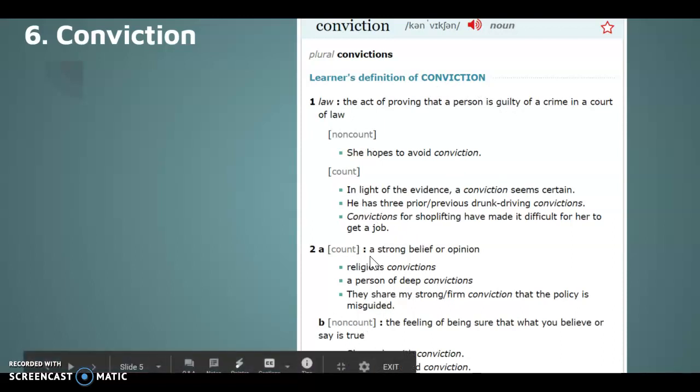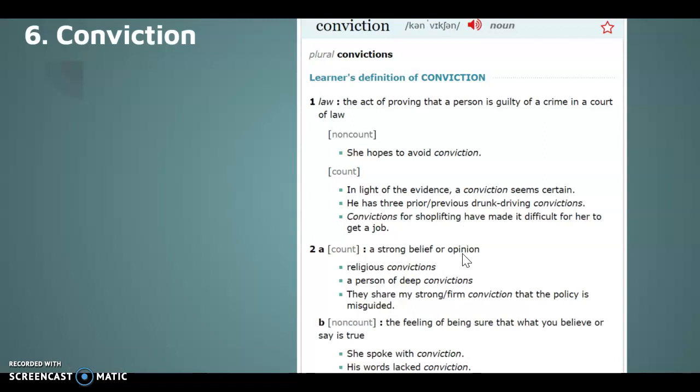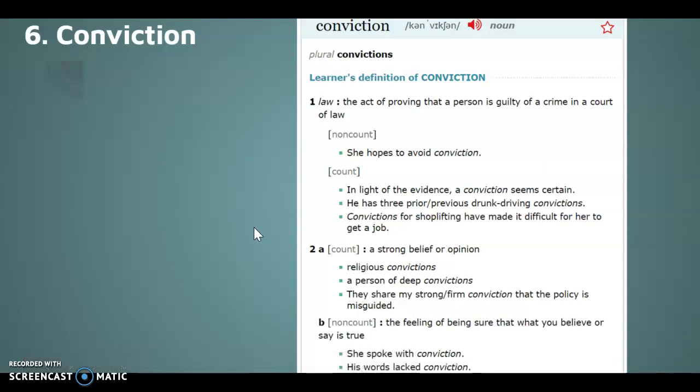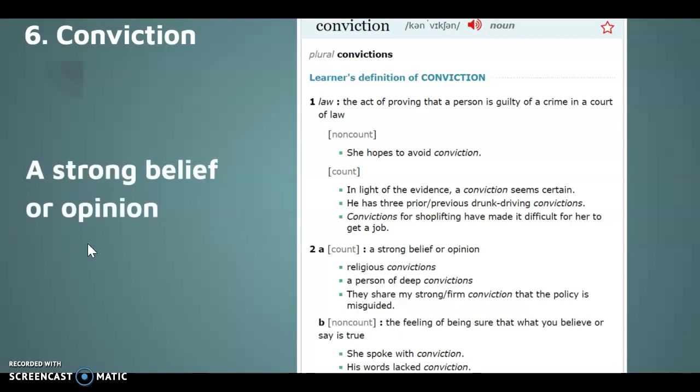We're actually not going to focus on this definition. We'll focus on definition number 2, which is a strong belief or opinion, or the feeling of being sure that what you believe or say is true, which is very similar to a strong belief or opinion. So that's the definition that we're going to use for this vocabulary word.